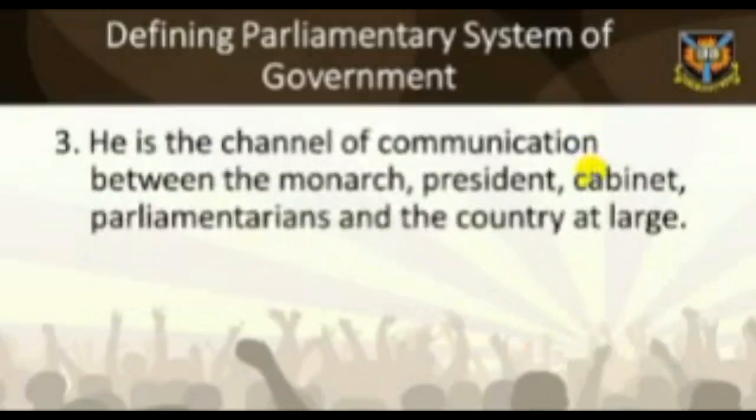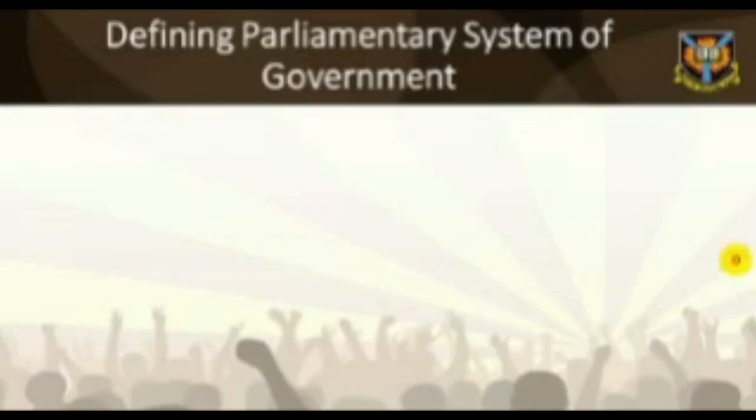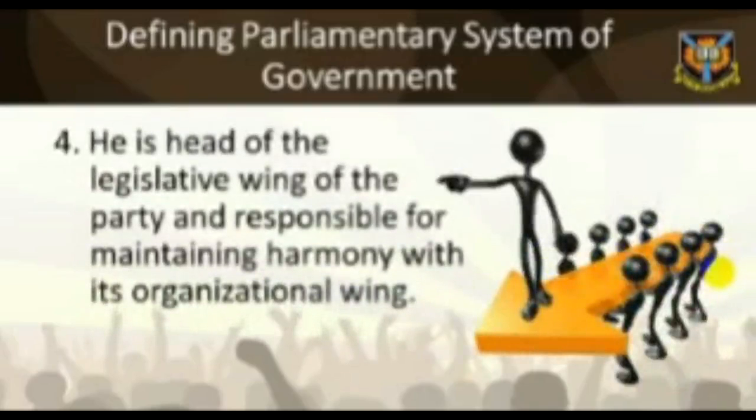3. He is the person through whom the head of state, king or queen or president, normally communicates with the cabinet, with the legislature, and ultimately with the country. And 4. He is the head of the legislative wing of the party and responsible for maintaining harmony with its organizational wing. All these are according to Kapoor in 1950, page 437.